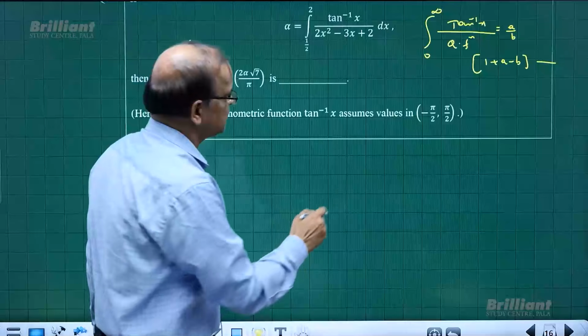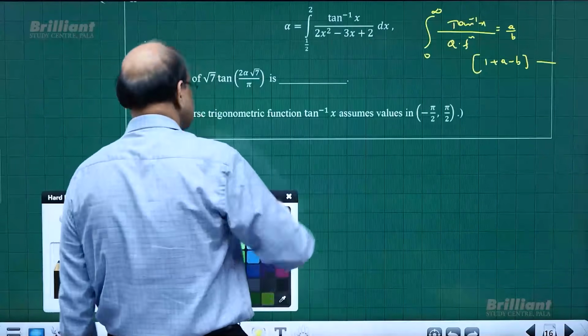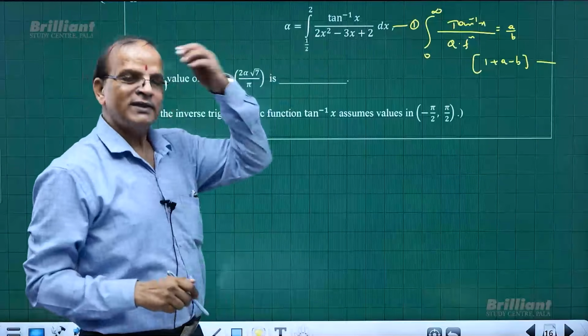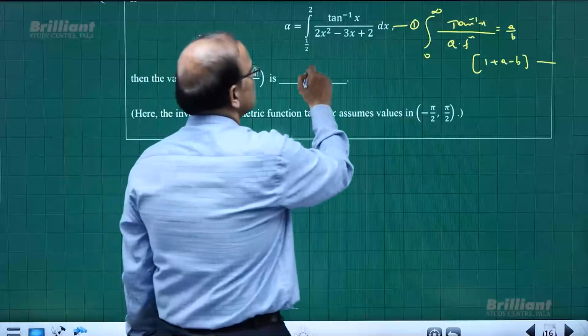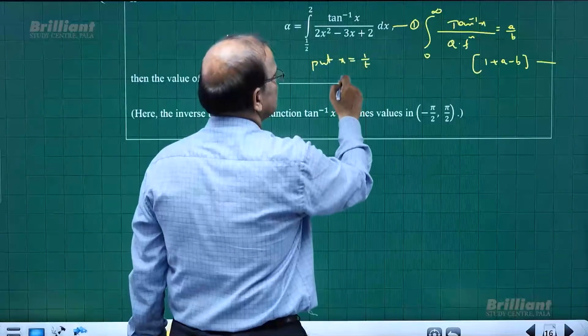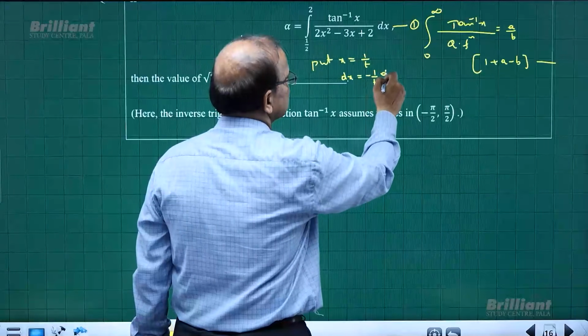Now you can call this equation 1. We will put x equal to 1 by t. So dx is minus 1 by t square dt.